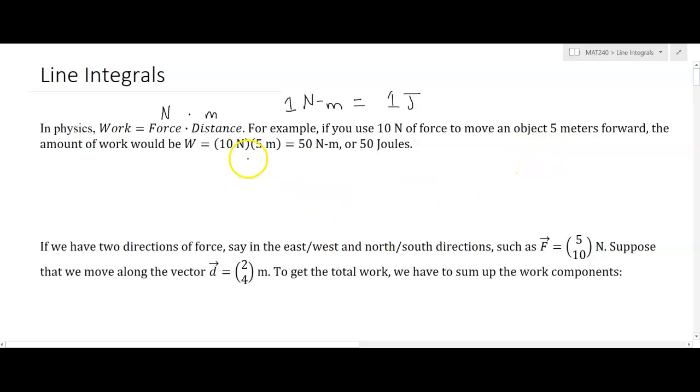So it's a sensible measurement because it does take into account both the size of the force and how long in terms of distance that force needs to be applied for. So in this case, the amount of work for a 10 Newton force across 5 meters would be 10 times 5, or 50 Newton meters, which we would just call 50 joules.